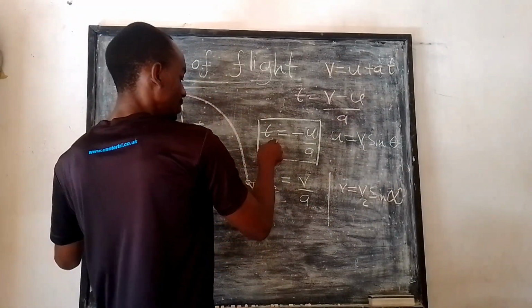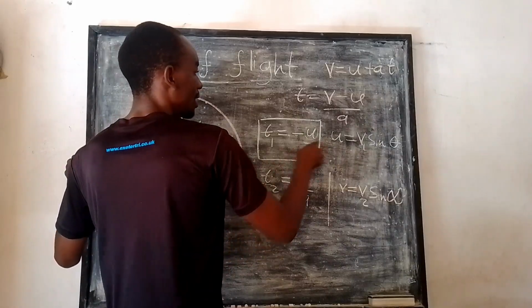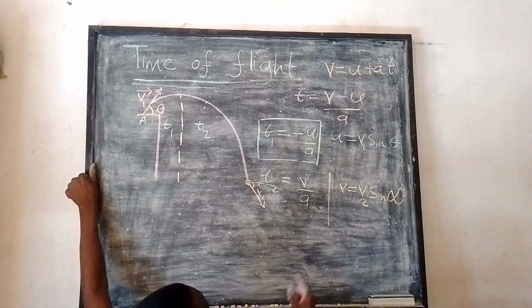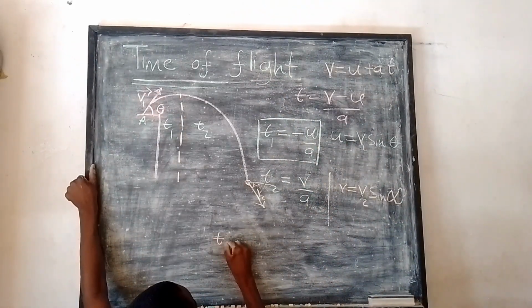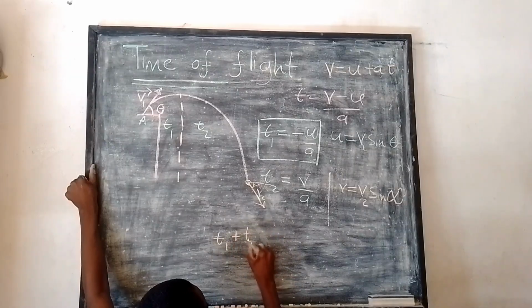You then add T1 to T2, getting a total of T1 plus T2.